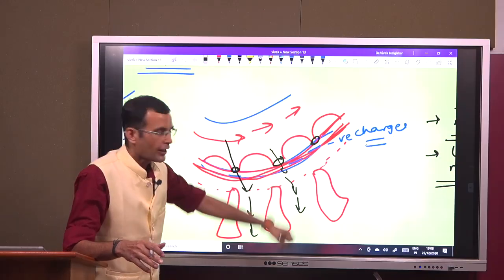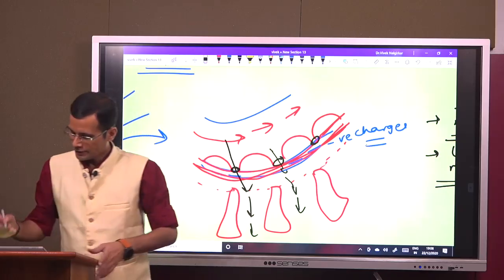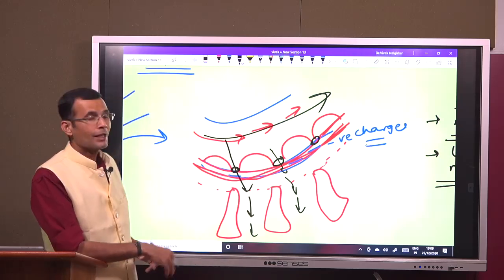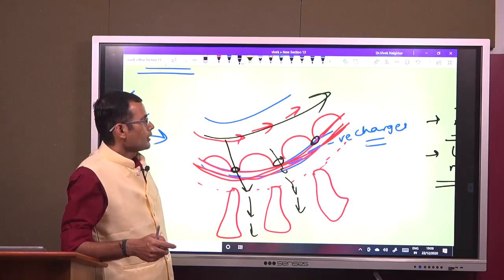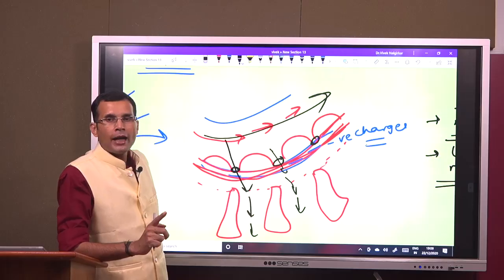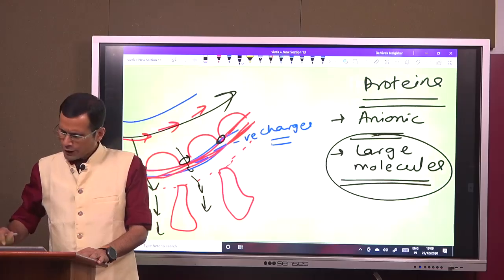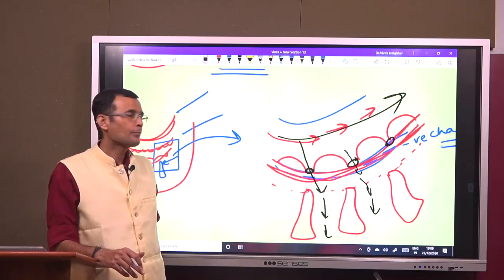So they will not be attracted, they will not be pulled for filtration. They will be repelled and they will go in the efferent arteriole. That is what we saw just now in the glomerular-tubular balance. So that's one. And the second is large molecules. Large molecules are not able to cross these pores and the filtration slit diaphragm.